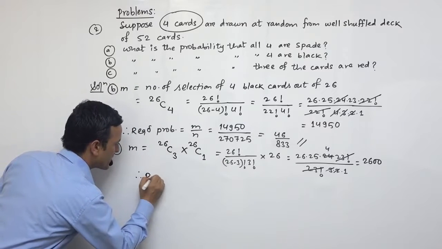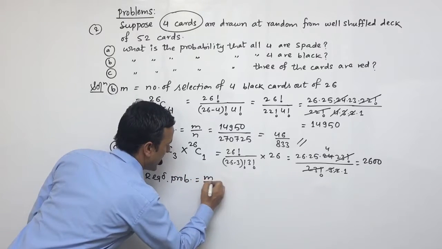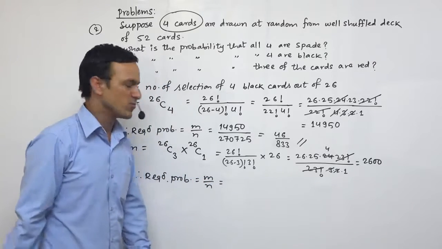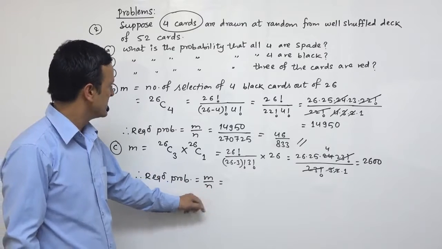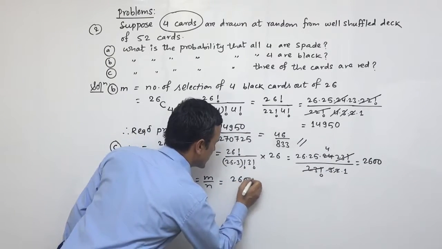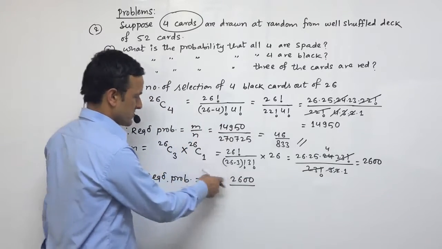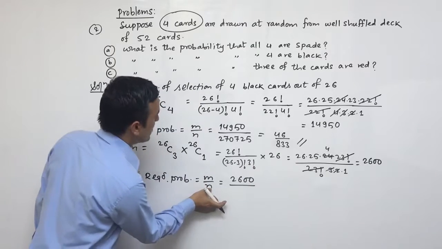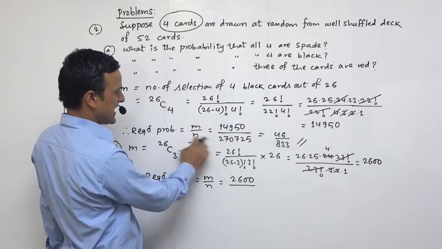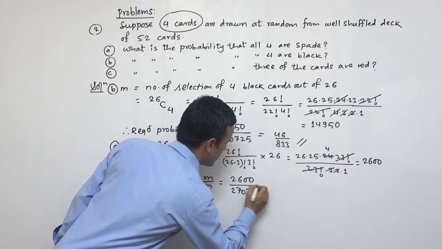And so the required probability is equal to m by n. The formula is same, m by n. So write down the value of m. The value of m is 2600 and the value of n is, as we wrote before, हामीले यो भन्दा अगाडि पनि n को भ्यालु लेखेको थियौं. यो n को भ्यालु सेम हुन्छ, n is same, 270725.